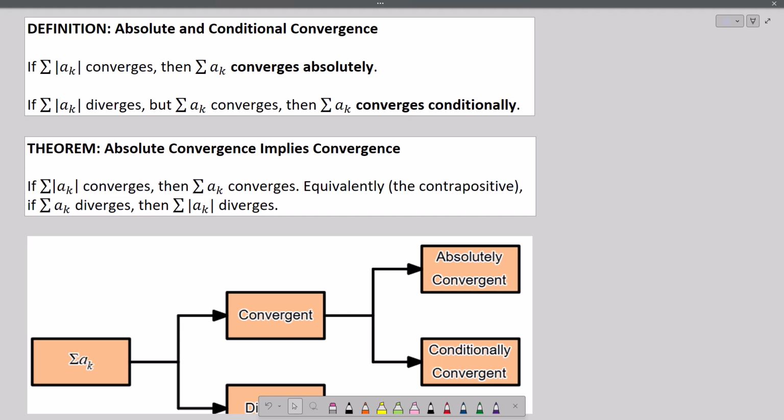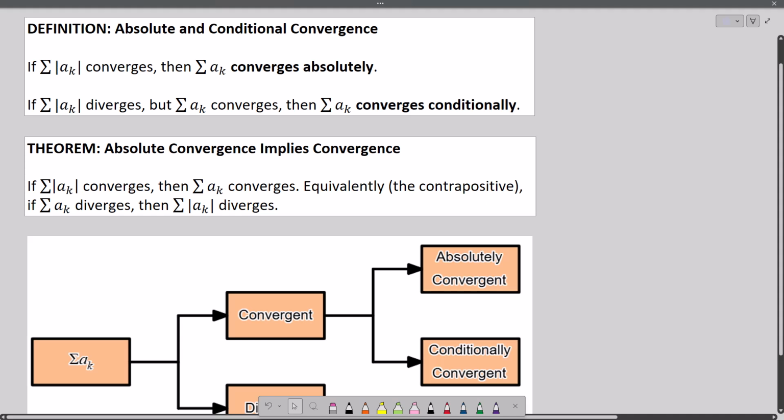If a series converges absolutely, that means you put in the absolute values and you got convergence. If you take away the absolute values, the thing must still converge. Because the absolute values make the magnitudes all added together, right? There's no subtraction.